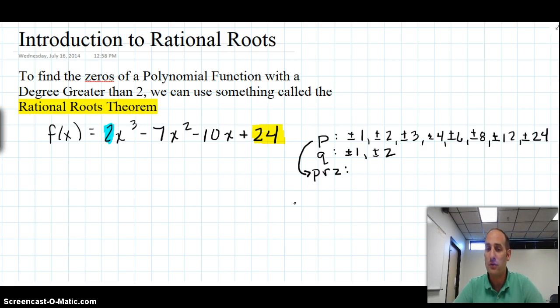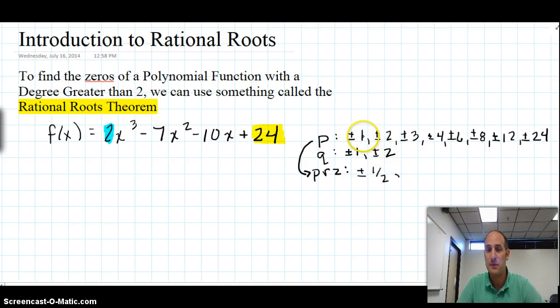Now we're going to take each of these values of P and divide them by 2, because that 2 that you see right here is another number right there. So 1 divided by 2 is not one I've already got listed, so I'm going to write positive or negative 1/2. But 2 divided by 2 is 1.